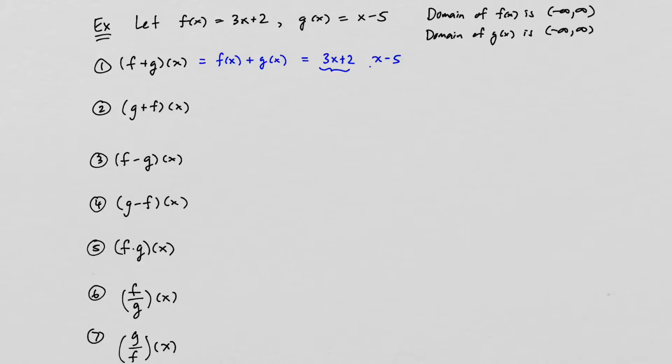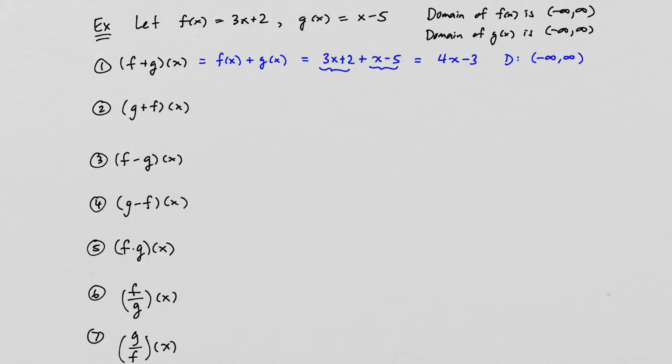And we are simply taking these two functions and adding them together to get the sum function. And if you combine like terms here, you end up getting 4x minus 3. And the domain of this function would be all real numbers because the domain of each of the original functions was all real numbers.